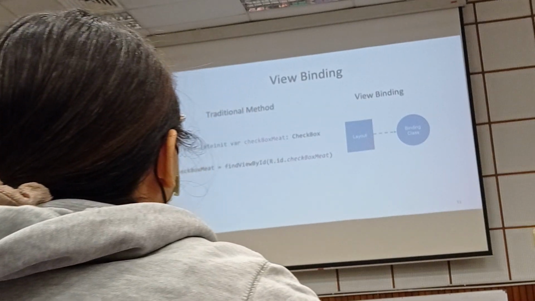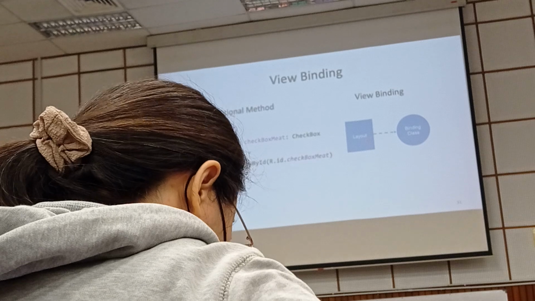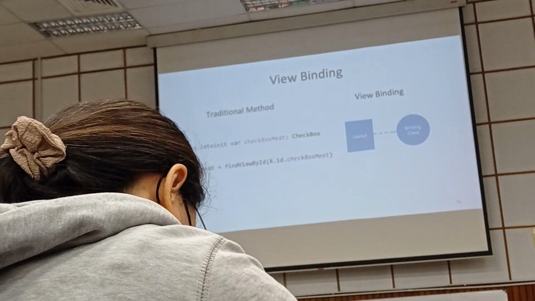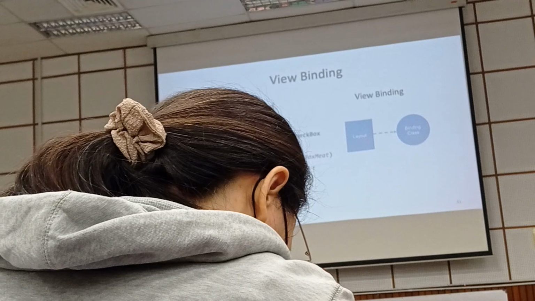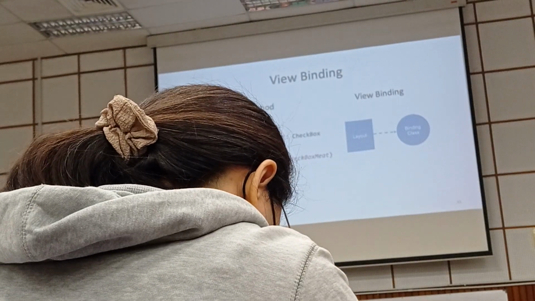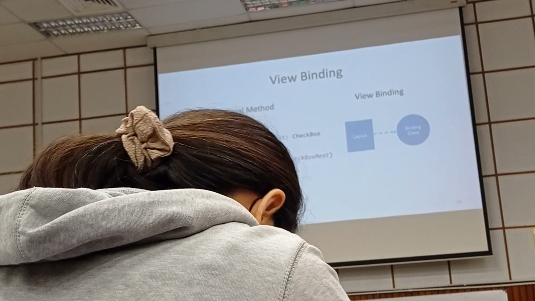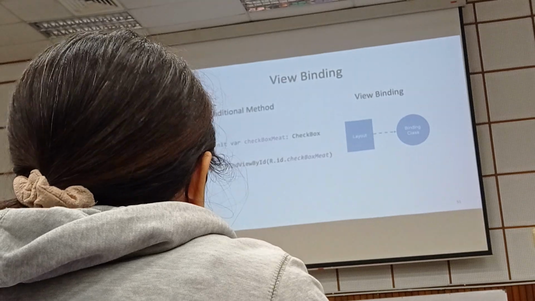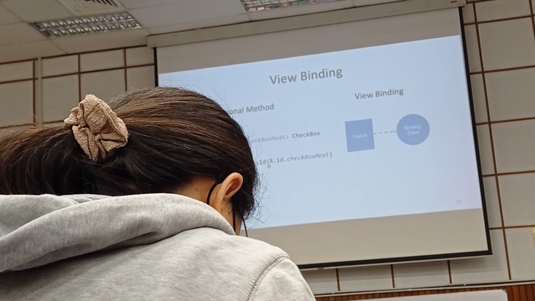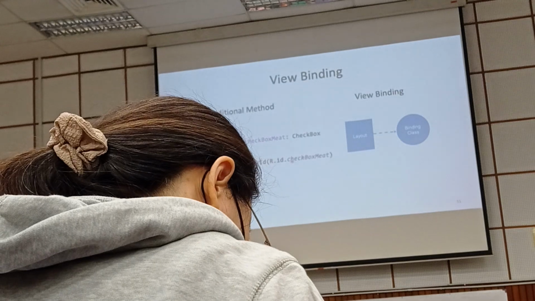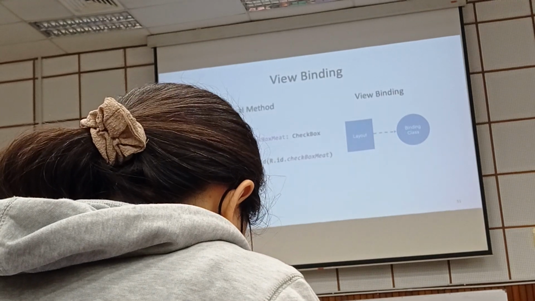Each view must have a unique ID so that you can refer to it during runtime. This is the traditional method: we have to declare the variable and then use the findViewById method to link the view to this variable.